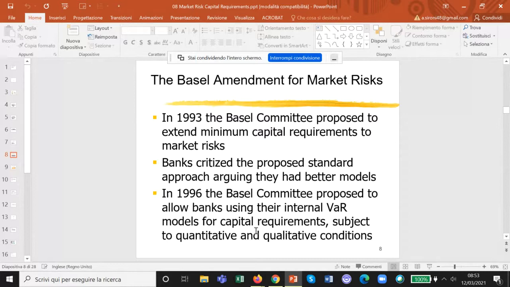Now, at that time, the Basel Committee was chaired by an Italian, Tommaso Padoa-Schioppa, and he basically said, okay, let's see how your models work.